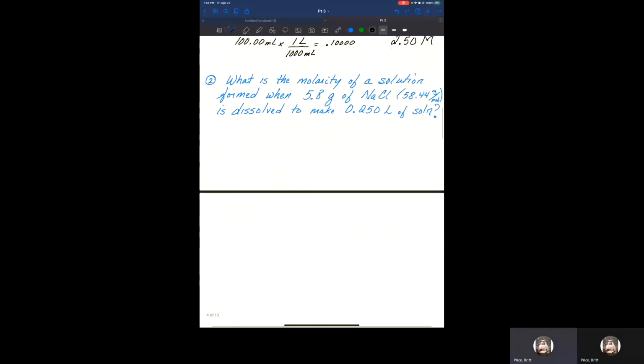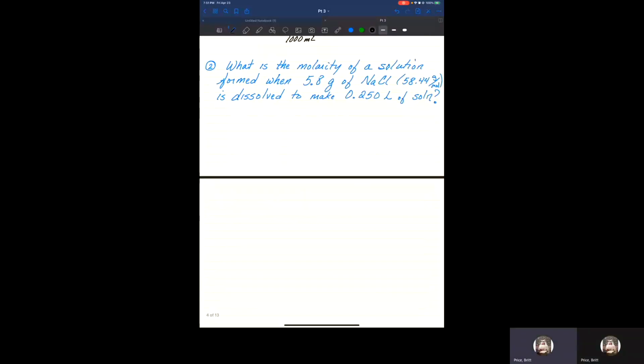I'm going to come back to my formula. Molarity equals moles of solute, and in this case, my solute I know is NaCl, over liters of solution. Well, in this case, I'm not playing with 1 liter of solution.